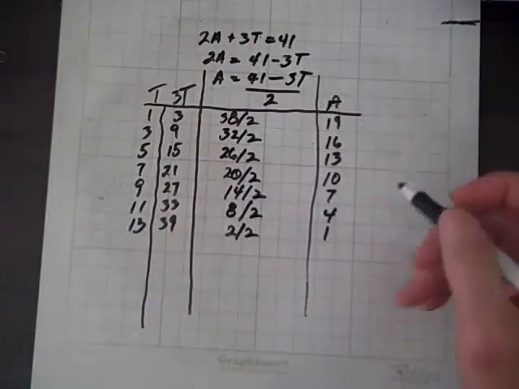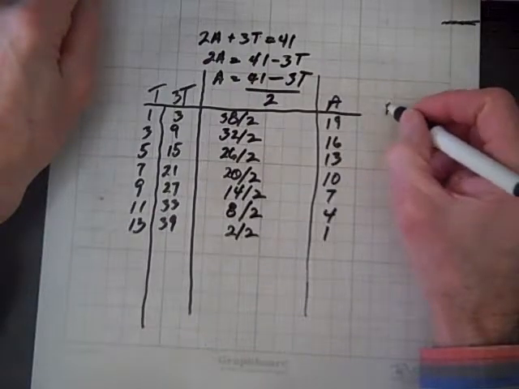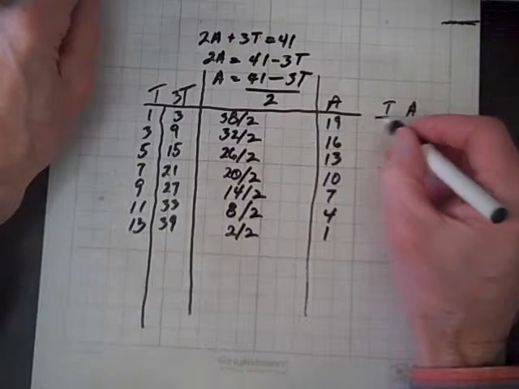So what we needed was how many cars and light trucks passed over the traffic counter. Find all possible solutions. Well, the possible solutions are for trucks and automobiles.